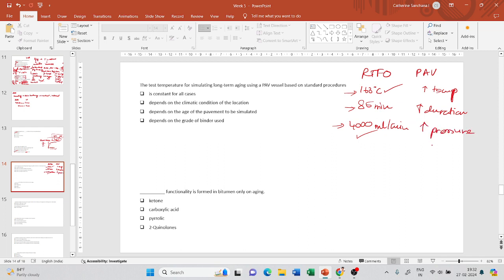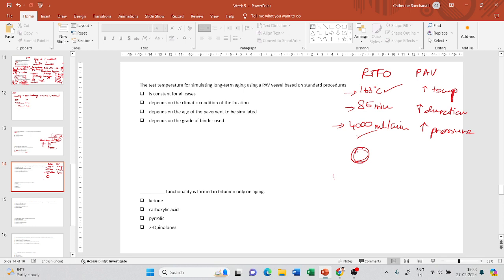Why is it increased pressure? So here, what will you do for RTFO? You pour the sample into glass bottles and keep on rotating these bottles, such that the air gets access to all the sample in the bottles for even oxidation, right?